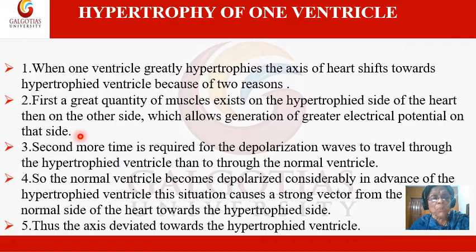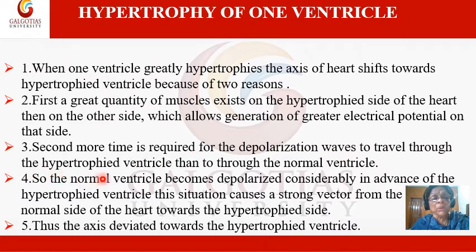Second, more time is required for the depolarization waves to travel through the hypertrophied ventricle because there is increased mass than through the normal ventricle. So, the cardiac impulse takes longer time to pass through the hypertrophied ventricle in comparison to that of the normal ventricle.